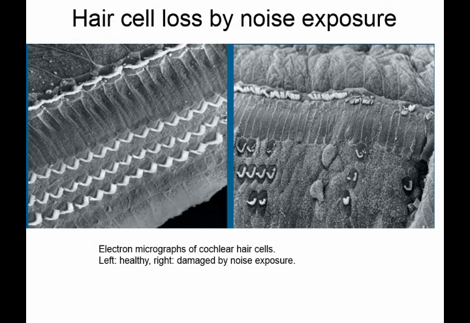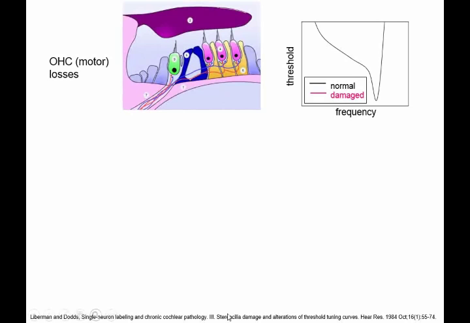Not quite sure what the noise was here, but it was quite a lot for quite a long time. And you see that the 3 rows of outer hair cells are practically not existing anymore. We've got some individual ones, but you see that these have been so much damaged that they are not repairing. They're just killed, they died, and they will never reappear.